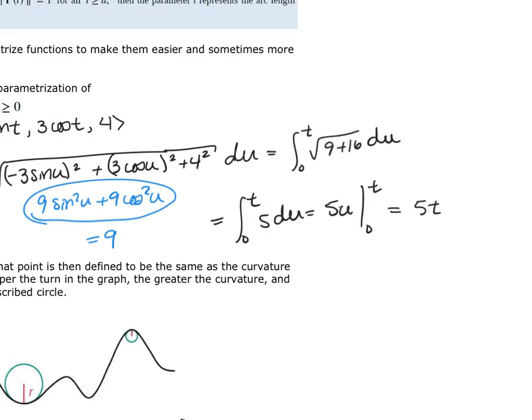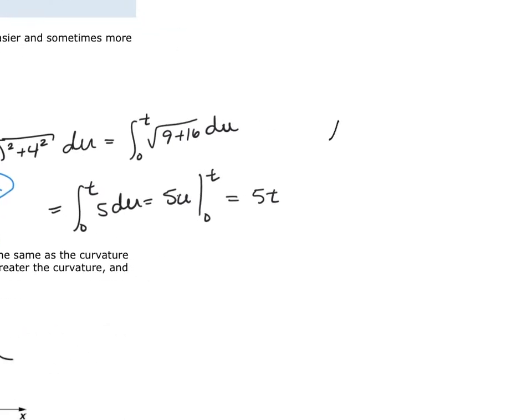Cool. So that tells me that my s parameter is equal to 5t. That means that t must be equal to s divided by 5.